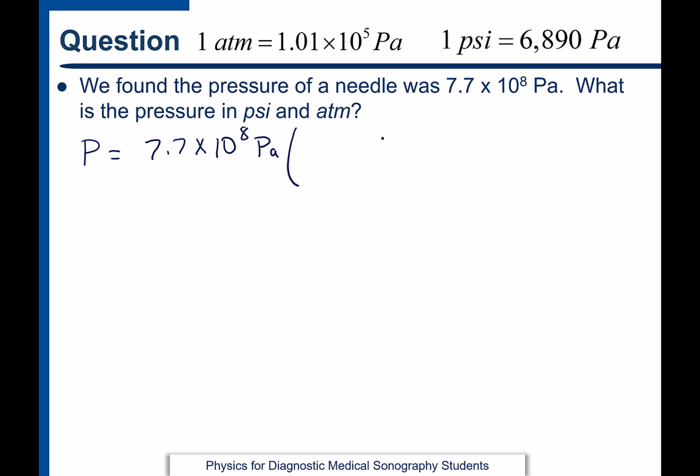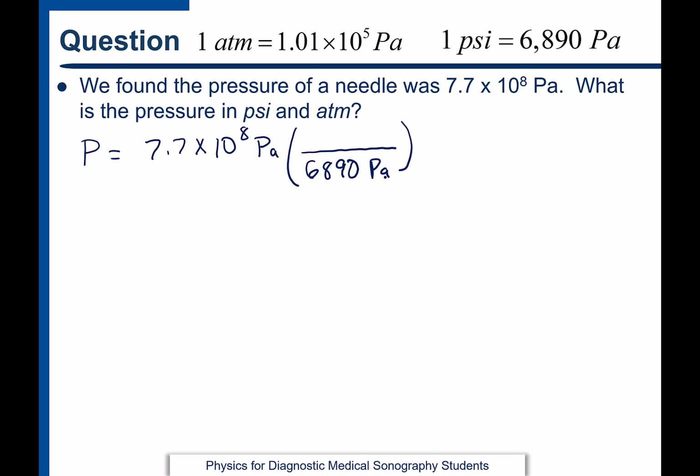And we know that when we want to convert, we're going to use parentheses here and put in our conversion factor. And since we have pascal up here in the numerator, we want it to be in the denominator. So I've got to put that 6890 pascal down below.